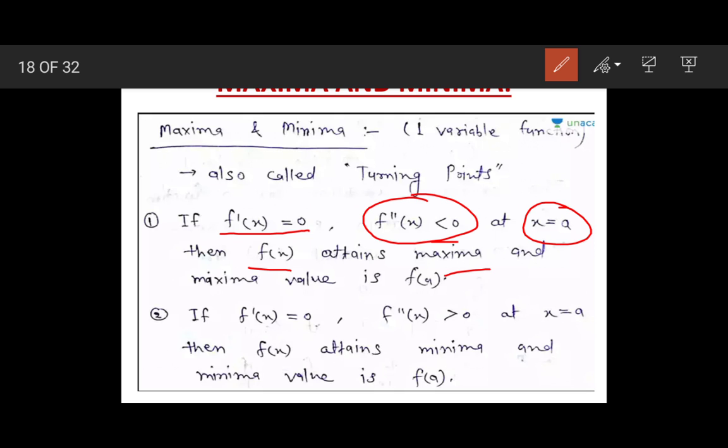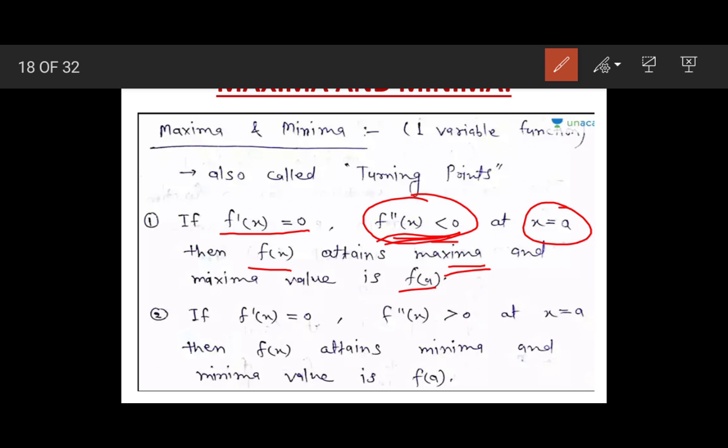The condition for maxima is that the second order derivative is negative, less than 0. So if we get the second order derivative as less than 0, then we get a maximum value, or maxima, at f of a.